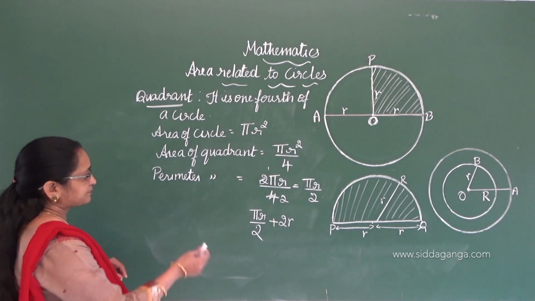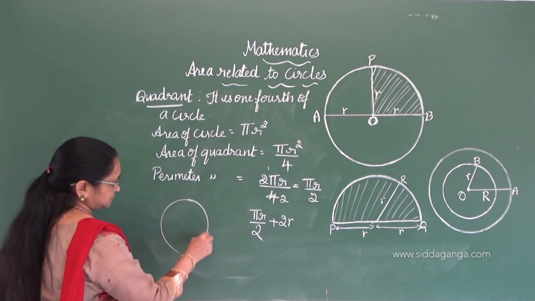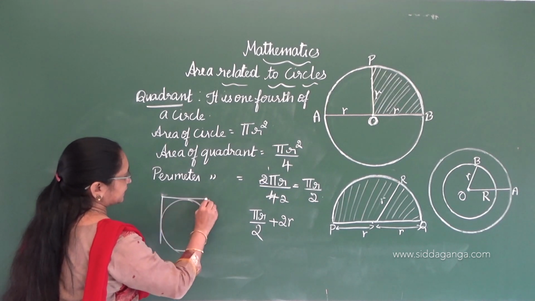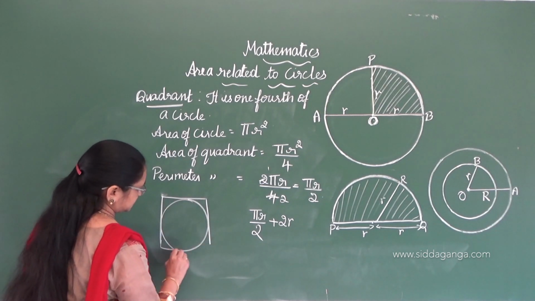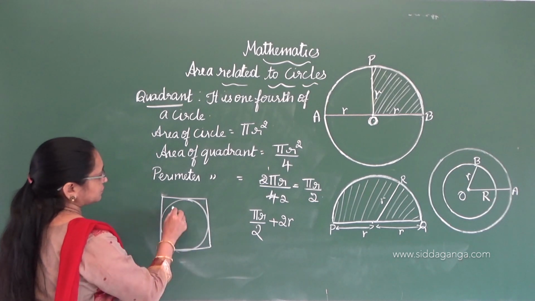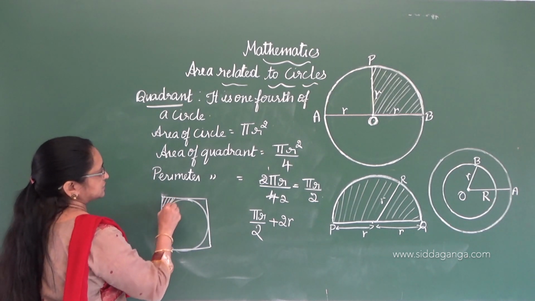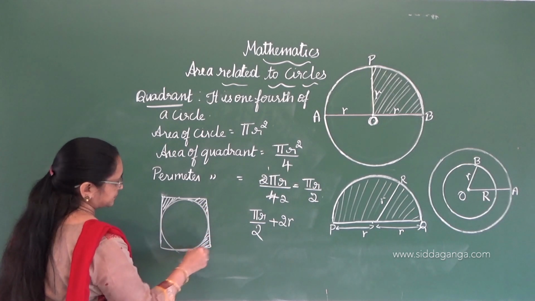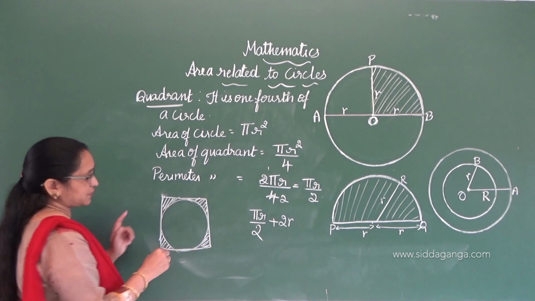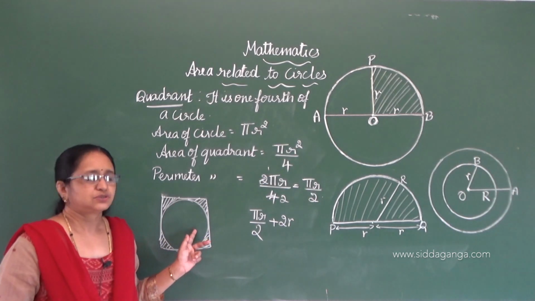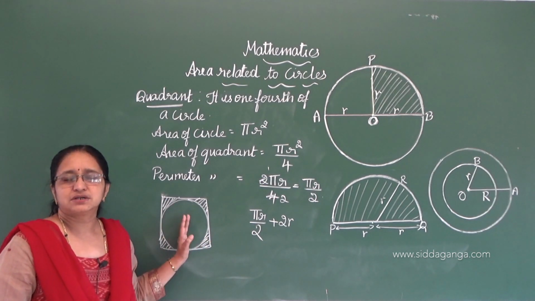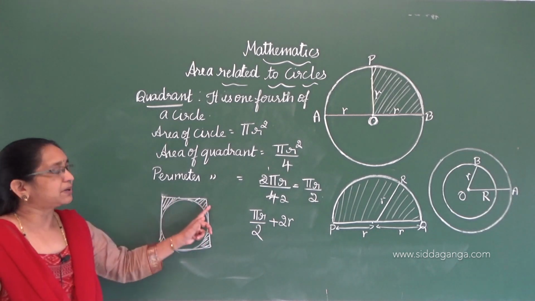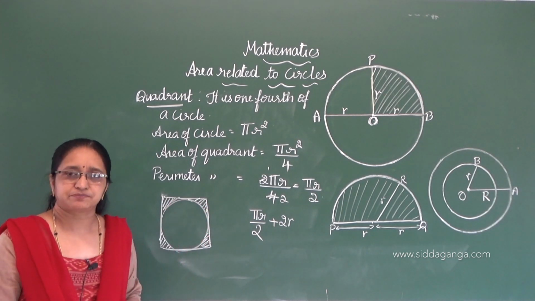For example, if you have a circle inside a square or a rectangle, like this, and I ask you to find out the area of only this part, it is a combination of a square and a circle. So we are going to study in this chapter how to find out the area of this shaded part.